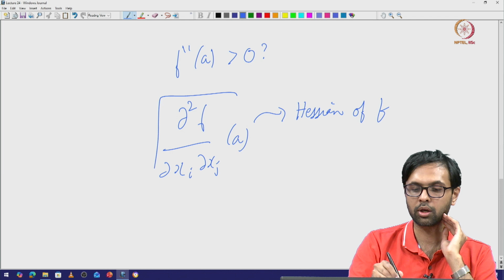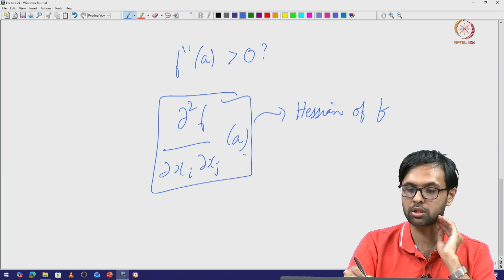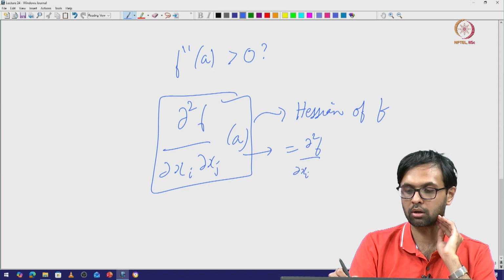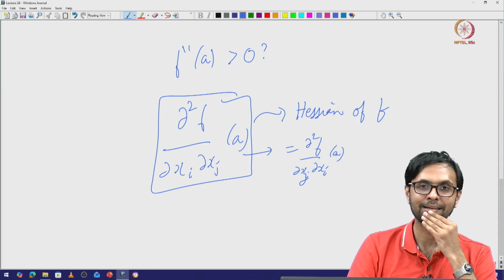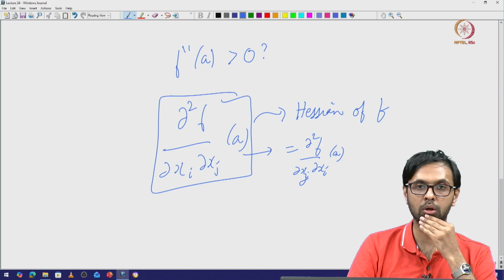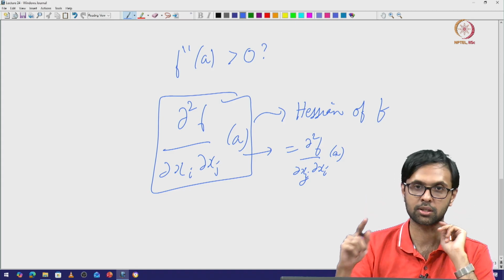So we want to know what it means for a matrix, and by the way, this is not any old matrix, this is a symmetric matrix, to be positive in a certain sense.